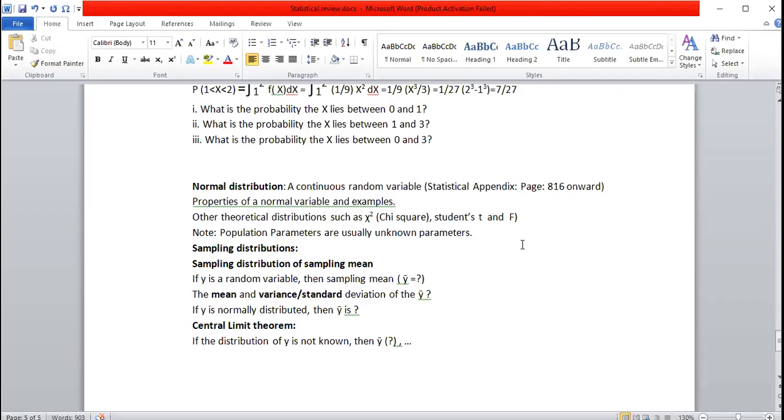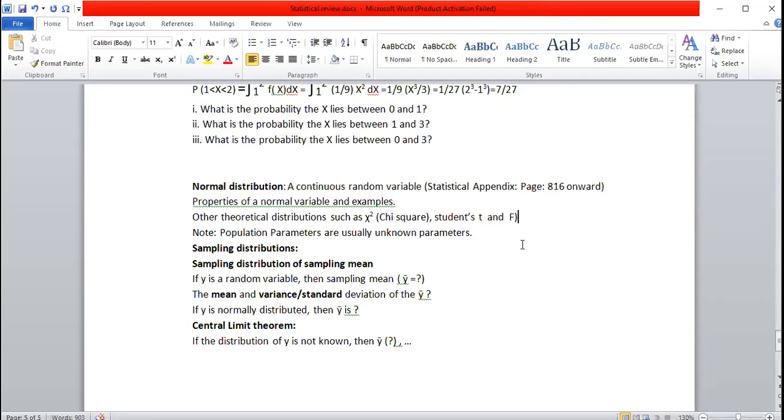Because population parameters are usually unknown. Think about the normal distribution. What are the parameters there? Mu and variance, mean and variance.